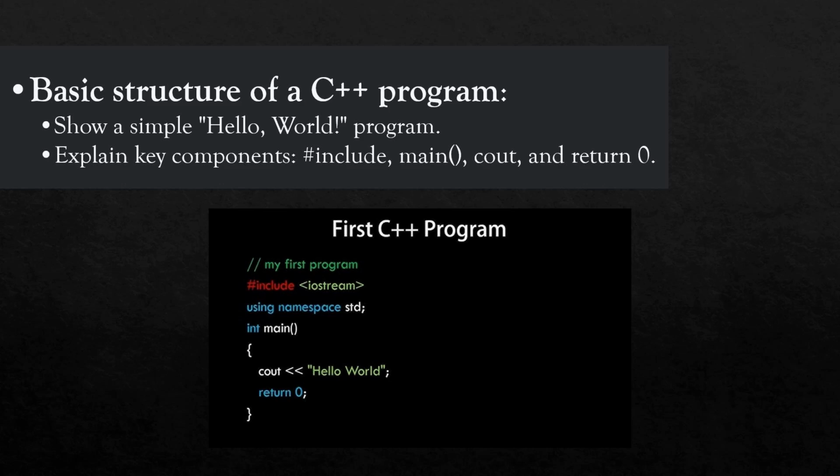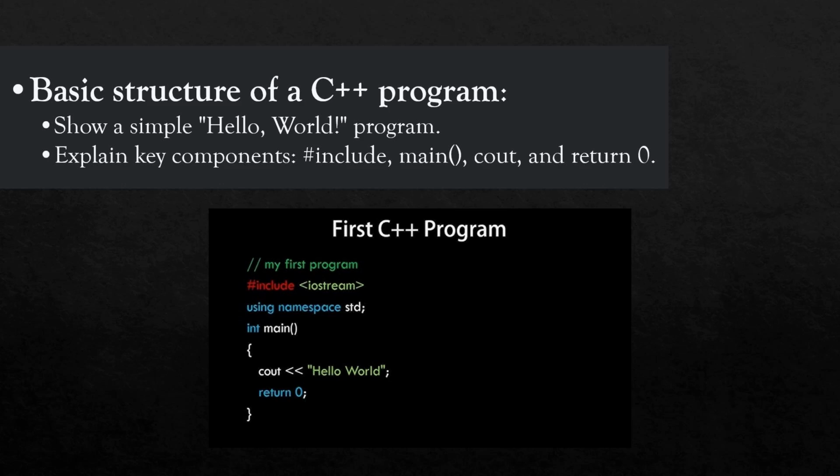int main(). This is the main function where the program starts executing. Every C++ program must have a main function. cout. This line prints the text hello world to the screen. return 0; this line ends the program and returns a value of 0, which means success.